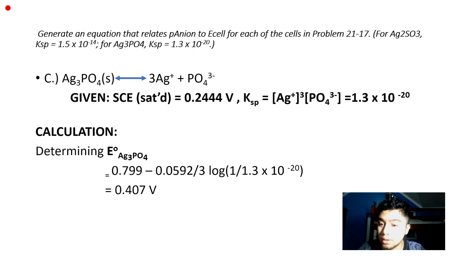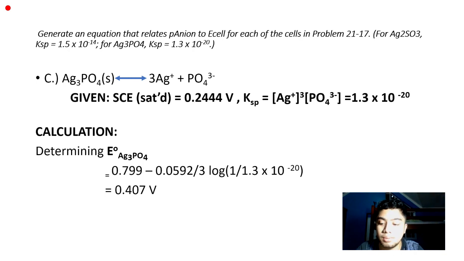Why is it all over 3, if you ask? It is divided by 3 because if you recall, the formula is 0.0592 all over n, which is equal to the moles. We can see that the coefficient of the silver is 3, right? So the 3 becomes the n.